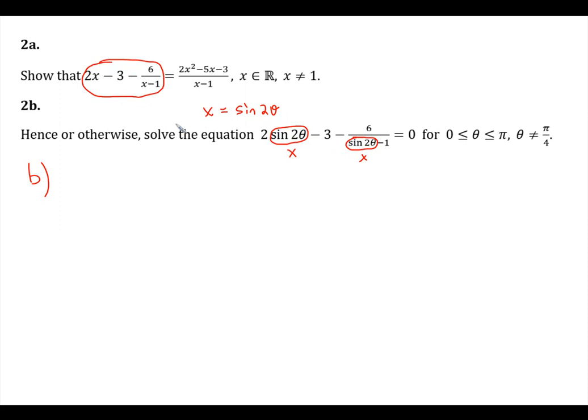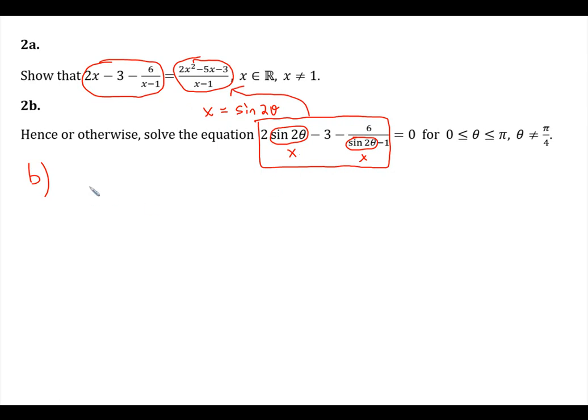And we know that this is equal to this. So wherever there's an x here, I can replace it with sine 2 theta and solve this. So this problem is equivalent to this.